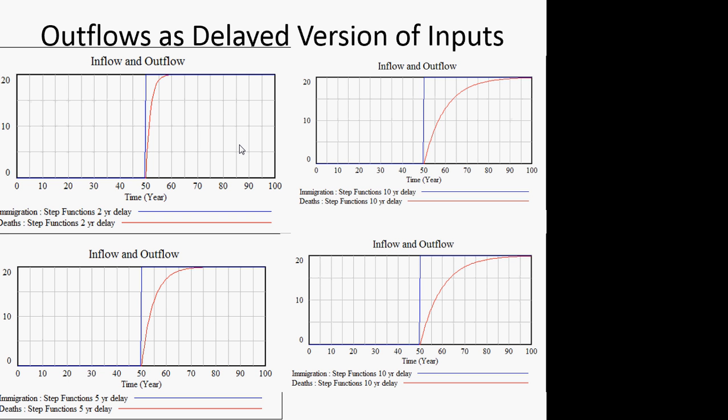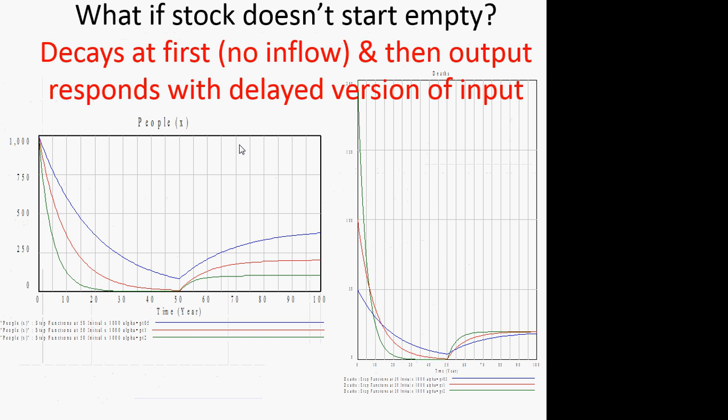On the other hand, if it's a very high mortality rate, it will very quickly adjust. And we can see this as a little bit like a delayed version of the input. The output, the deaths, will rise to the value of the inflow, just with some delay and with a curvilinear character, just like this.